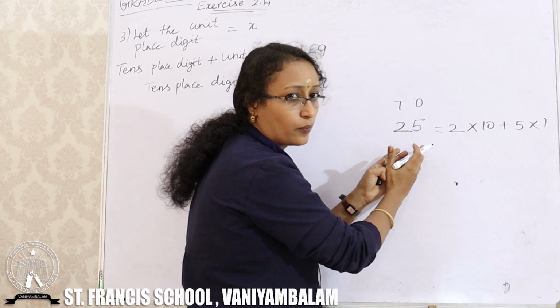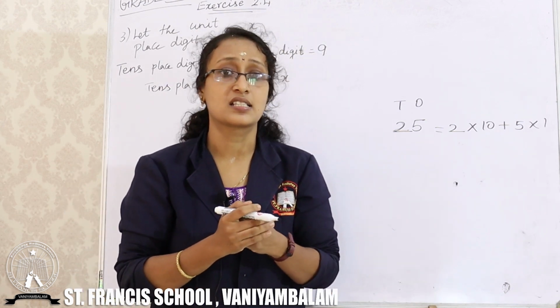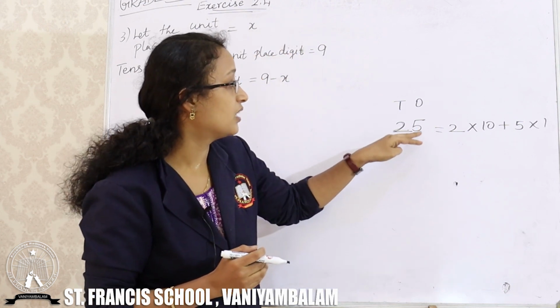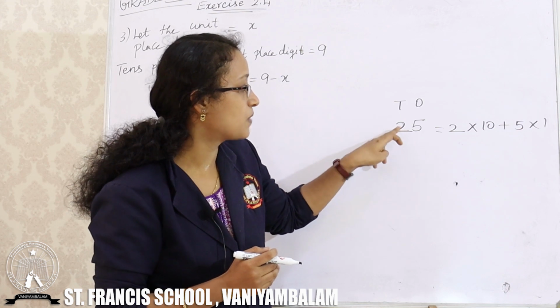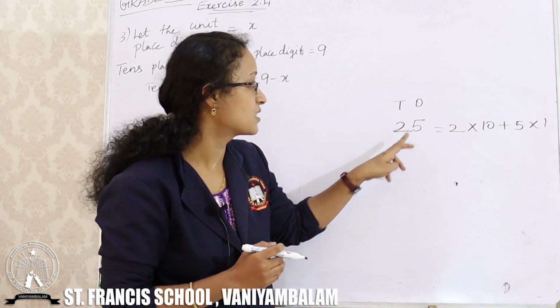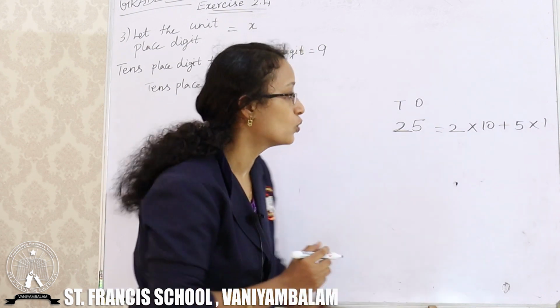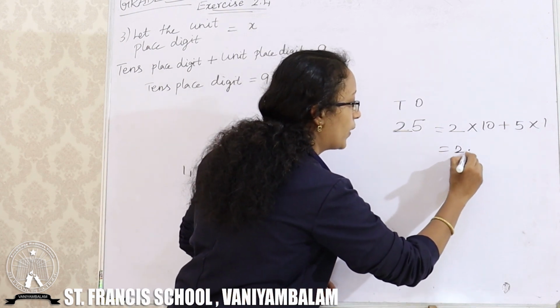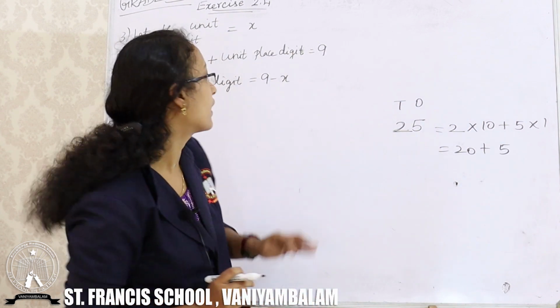We had learnt in the earlier classes, in lower sections, the place value. In a 2-digit number, this is in ones place and this is in tens place. So how will you write this 25? 2 into 10 plus 5 into 1, which is nothing but 20 plus 5. This is how you will get the 25, right?